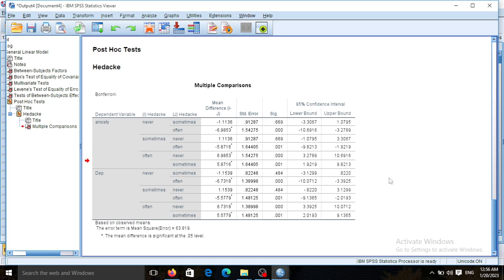For example, you are committing type one error, I mean alpha error, for each one of these tests, but when you are using MANOVA, you are just running one test and it can decrease the type one error, which is very important in the statistical analysis.